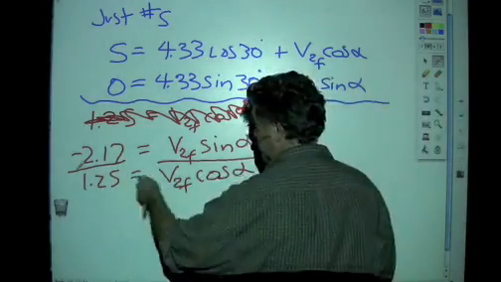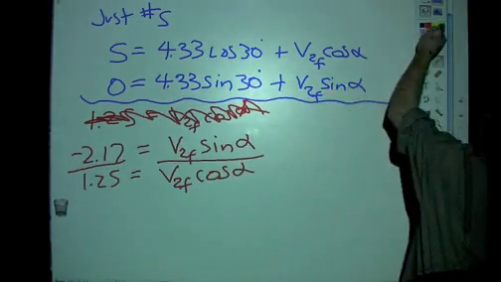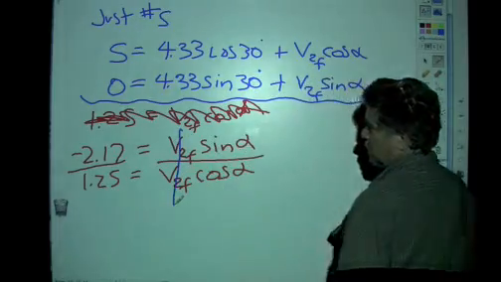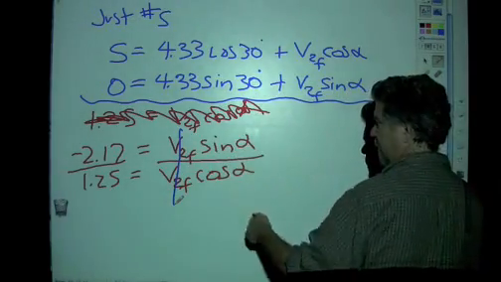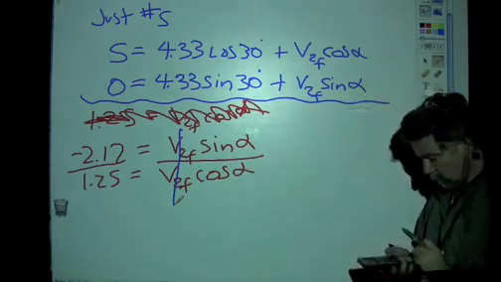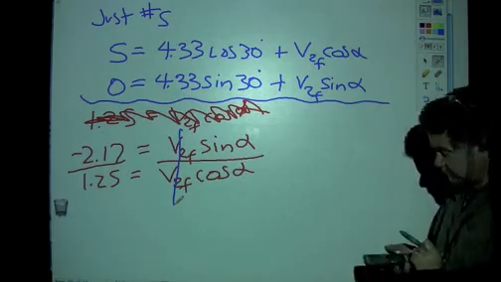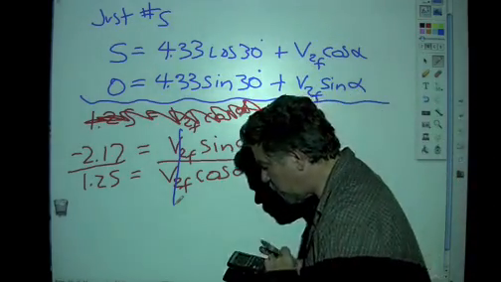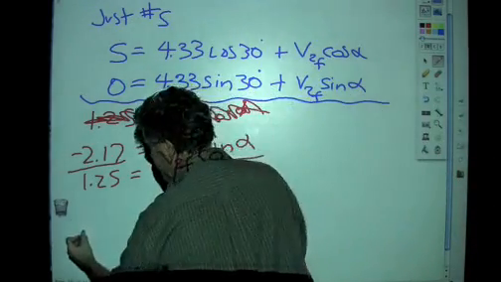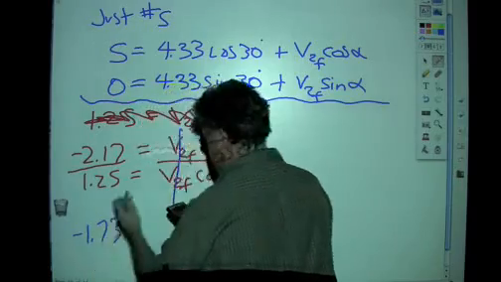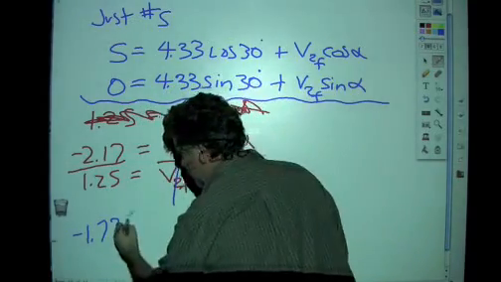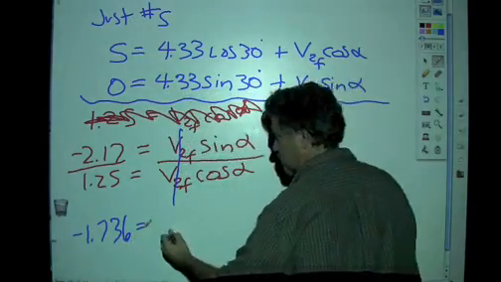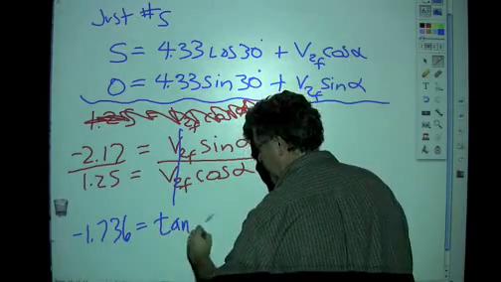It's a nice little trick, because my V2s go away, and now I have tangent alpha. So I end up with 2.17 divided by 1.25 equals negative 1.736, which equals tangent of alpha.